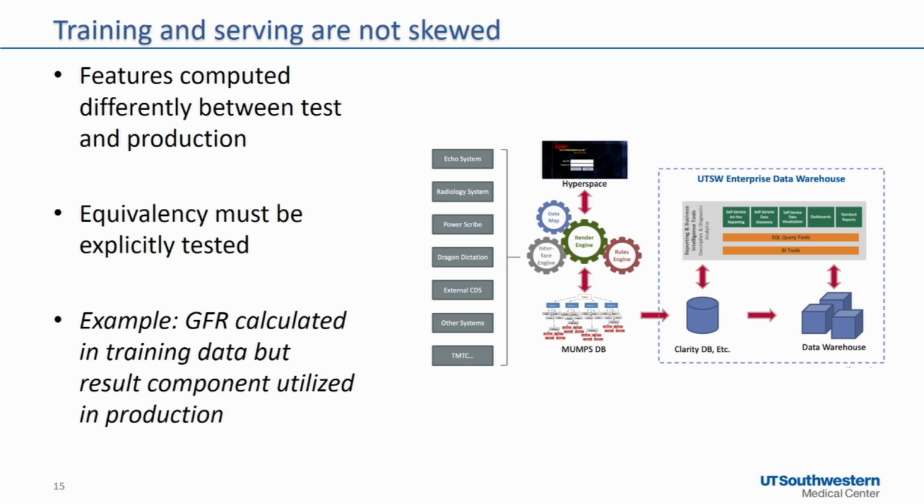In our environment, you can imagine lab data being calculated in one place and coming in from somewhere else, and if you're not paying attention to how that happens, either the data representation can change on the fly in your serving environment, or the actual values can be different. And then, alluding back to our data talks earlier, depending on where you get your data, what data is available to train on and what data is actually available in production at the time you're trying to deliver the predictions can be discordant and develop that skew. So you may not get the same prediction you would get with your training data.